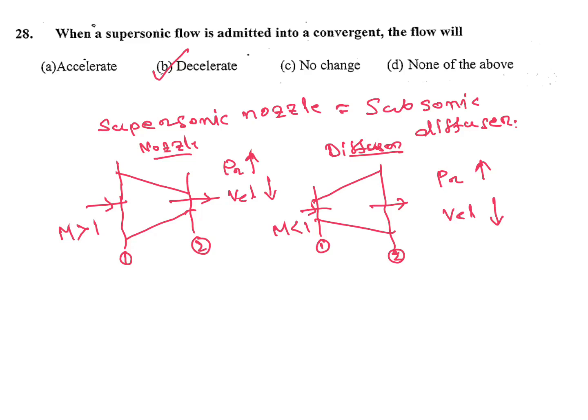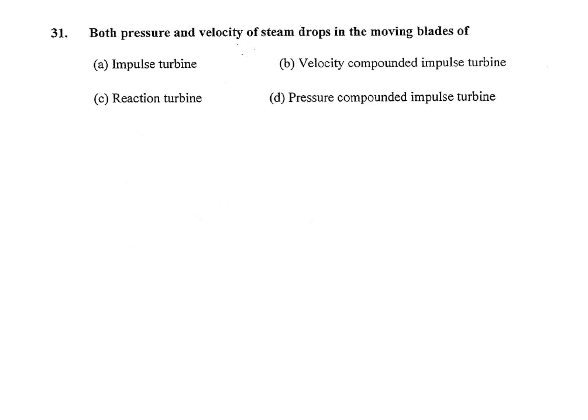Both pressure and velocity of steam drop in the moving blades of, this is a steam turbine question. Impulse turbine: in the nozzle, pressure energy is converted to kinetic energy and velocity will increase.